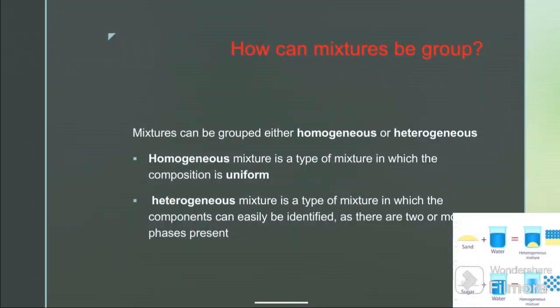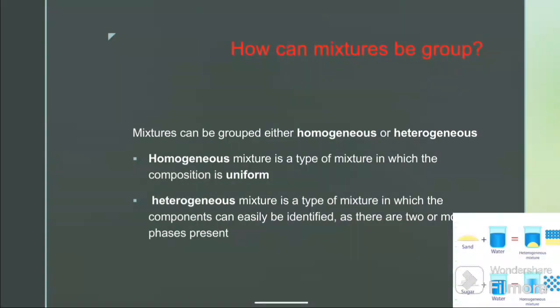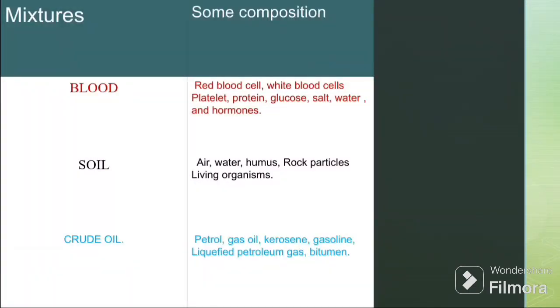So let's move on. Okay, so these are some kinds of mixtures and their compositions. We have many different mixtures we can talk about. We can talk about seawater. If you don't know, seawater is a mixture. Blood is a mixture. Soil, crude oil. Blood has many compositions.